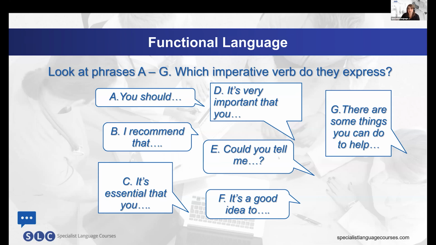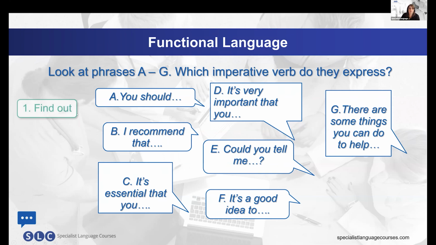So we're going to use the chat box. I'm going to show you each of the function verbs, the imperative verbs, and I'd like you to write into the chat box which phrase you think expresses this.